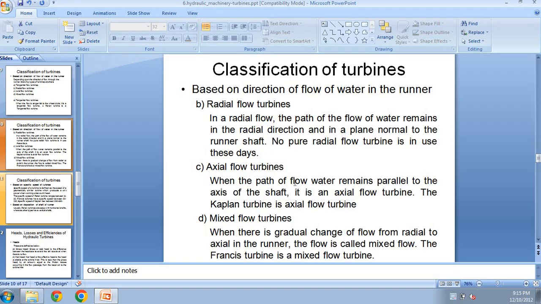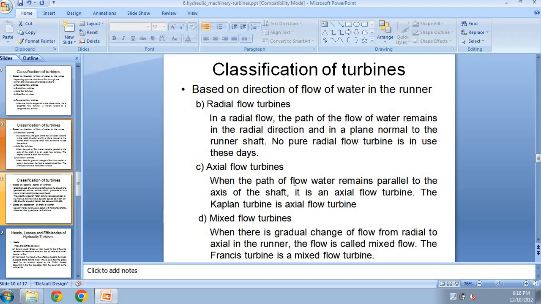That's why it is called an axial flow turbine. So we consider the direction of the flow of water with respect to the runner. In the Kaplan turbine, water enters the casing radially, and this is transferred to the axial direction, and the entry point at the runner is axial. So these are called axial flow turbines, and normally we observe the Kaplan turbine as the axial flow type of turbine.